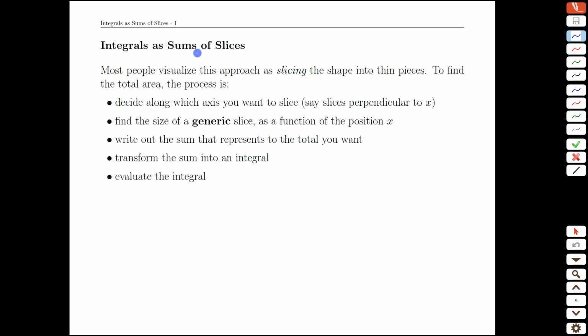In this video, we're going to look at another example of how to compute an area under a graph or an area between graphs as a sum of slices. The visualization here is consistent no matter what the example is.